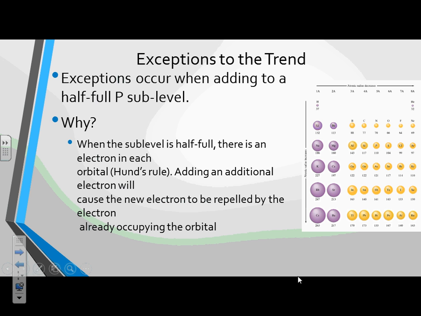So sometimes instead of a more linear trend, where it's increase a lot or decrease a lot, there's a little exception. It's not that it's bigger or smaller than what it should be, it's just a more significant change. So it's called nuclear penetration. It occurs whenever you hit a full S shell, because S is closer to the nucleus than P is, and so if there are more electrons there, the nucleus attracts more. That's it. Okay, good job, group.